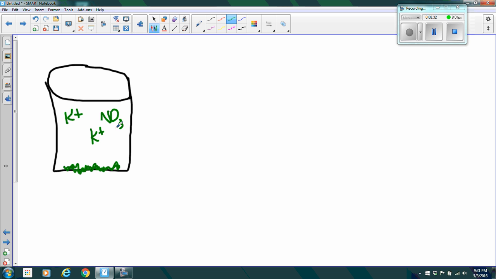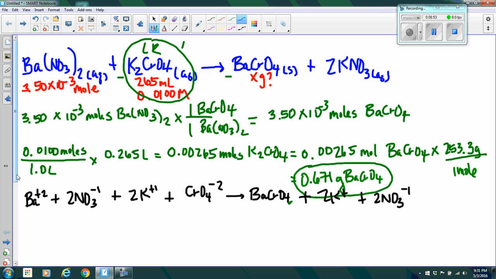And so I have these swimming around in here, and I want to know what is the solubility of these substances. So if they're sitting here in water, we have the solid precipitate sitting on the bottom. That's a picture you should be thinking about. But I still have things floating around above them. What is the concentration of these potassium and nitrate ions? So that's what I'm trying to do first.